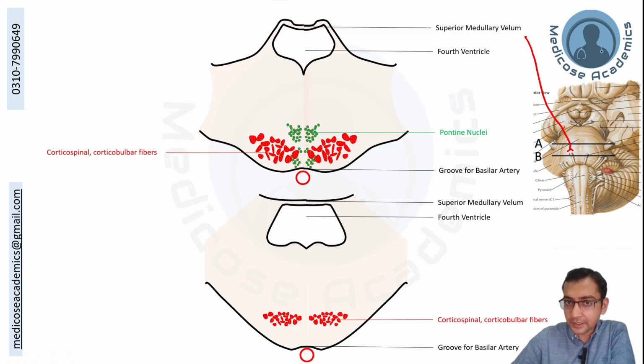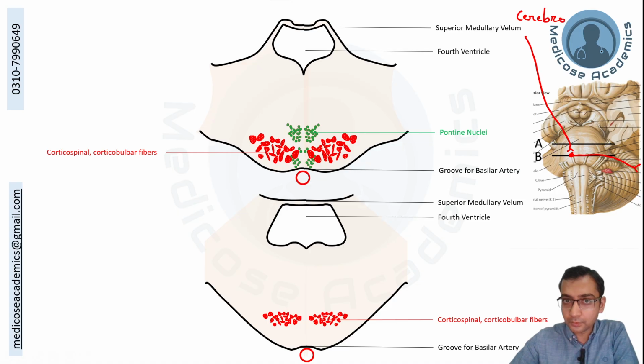Here, it synapses with pontine nuclei, and after connecting with the pontine nuclei, the axons of these pontine nuclei go across the midline and go to the opposite cerebellum. Actually, this horizontal run of all the fibers in the pons is majorly made up of these axons of the pontine nuclei.